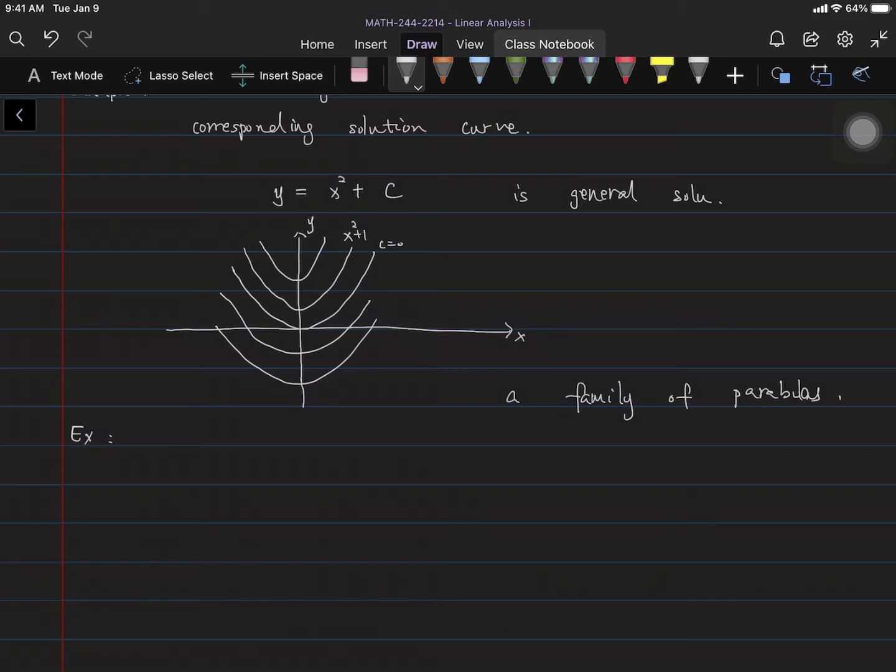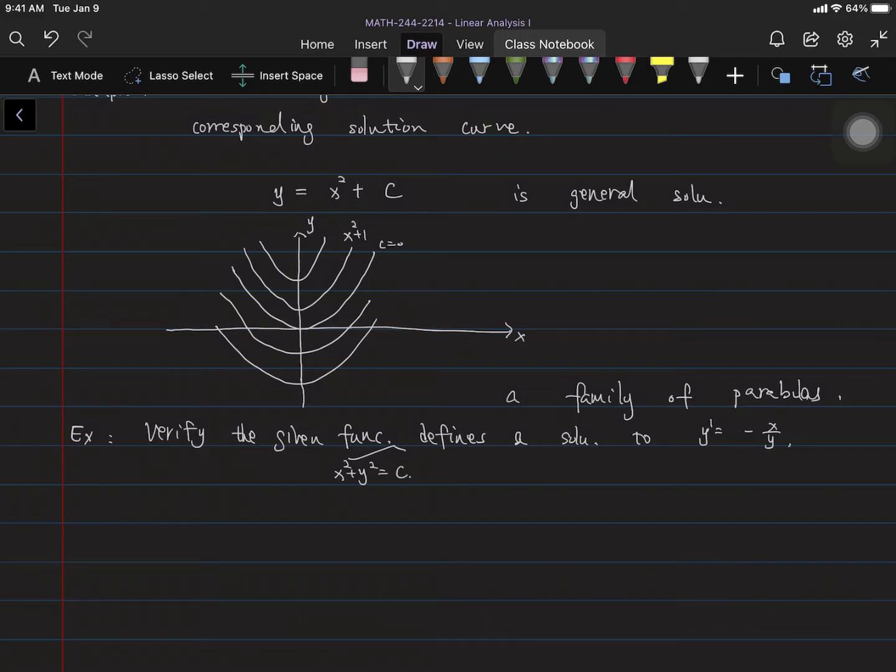We are going to review what we did in the last class. Verify the given function defines an implicit solution to this one, y prime equals negative x over y, and the given solution is x squared plus y squared equals c.